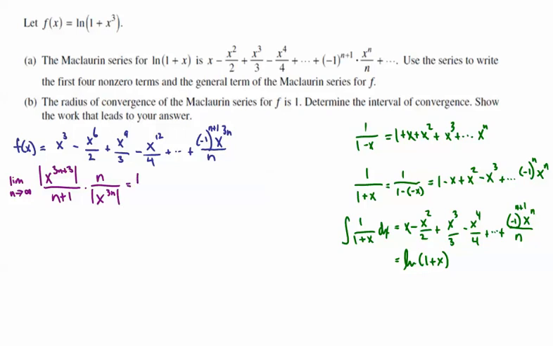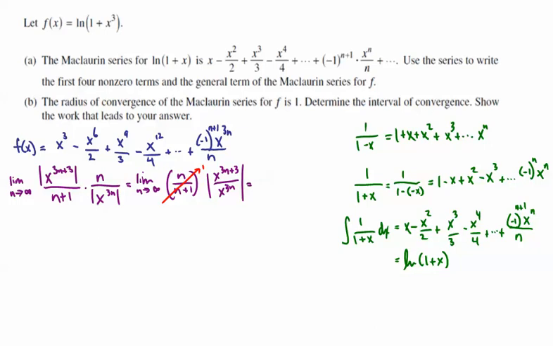We simplify this a little. We get the limit as n approaches infinity of n over n plus 1. We know that to be 1. And then we have the absolute value of x to the 3n plus 3 over x to the 3n.